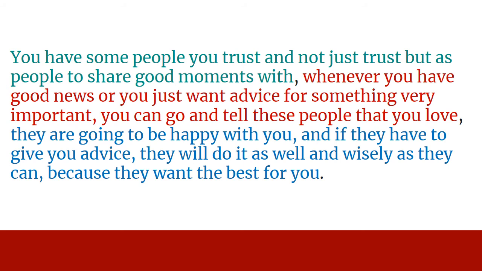So here's the second one. Whenever you have good news or you just want advice for something very important, you can go and tell these people that you love. Okay, well, this is a pretty complicated sentence on its own, but it is grammatically correct, all the red part. Whenever you have good news or you just want advice for something very important, that's a dependent clause.